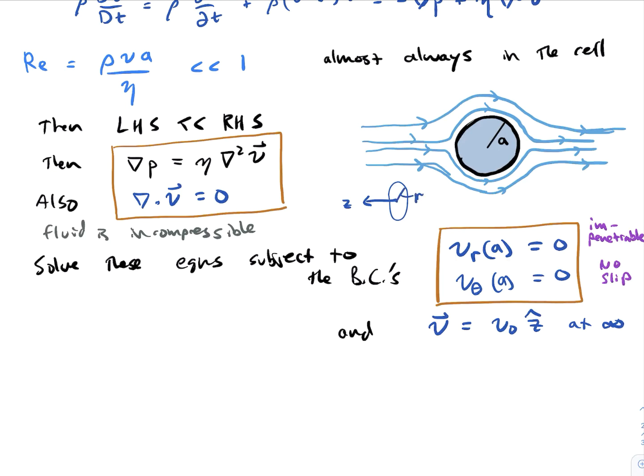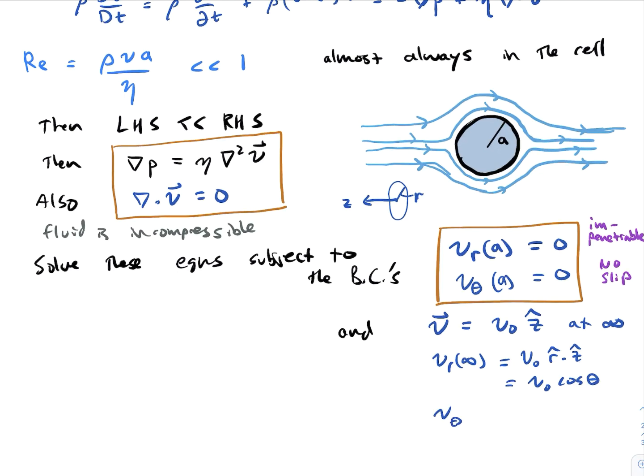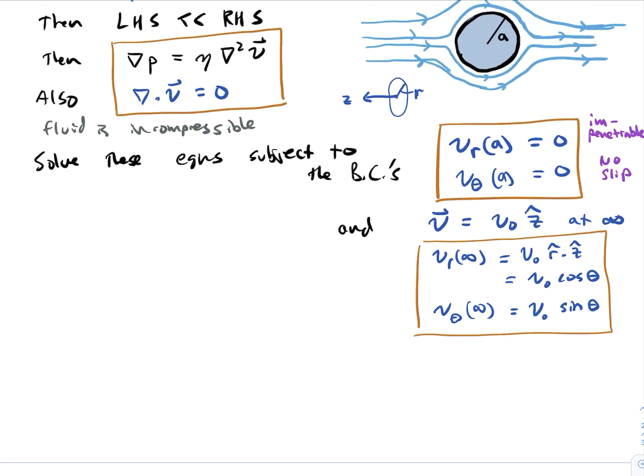It should be facing the other way, but anyway, in this spherical coordinate system, v is in the z direction. The radial component at infinity is v_0 cos theta, and the polar angle component is minus v_0 sin theta. And those four equations give the boundary conditions.